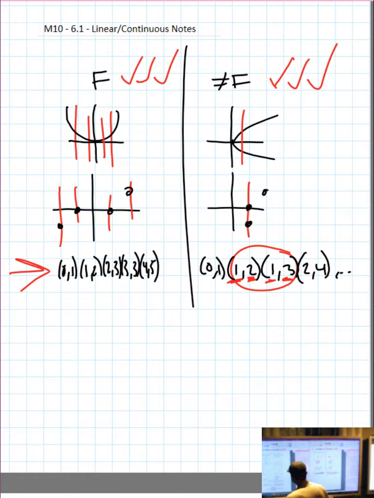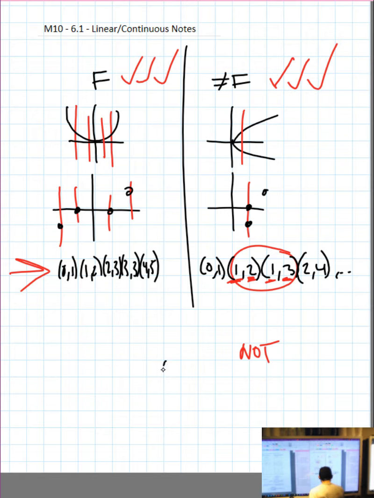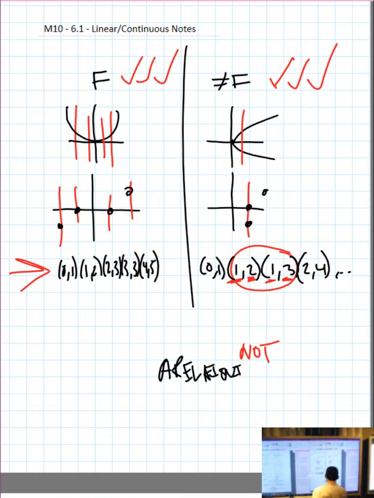So, in the notes, I'm missing the word not. Oh my gosh, I'm putting the word not in. Write the word not. A relation is not a function.